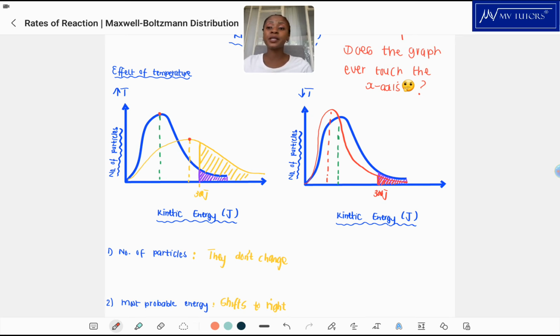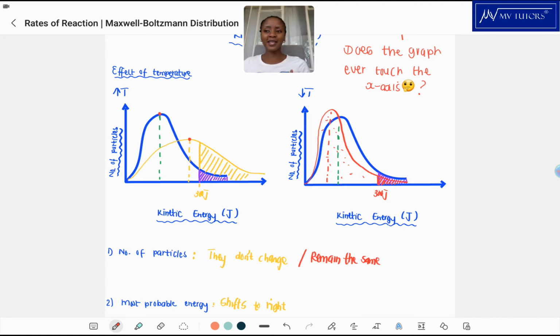They have reduced, whereas under this section here, where I'm just putting dots, you have a whole lot of particles under this area, and those particles will not react. Okay, so what happens to the number of particles? Like I said, temperature does not change the amount of particles that you have, so they don't change. Or we could also say that the number of particles remain the same.